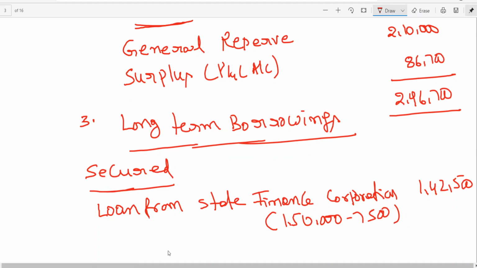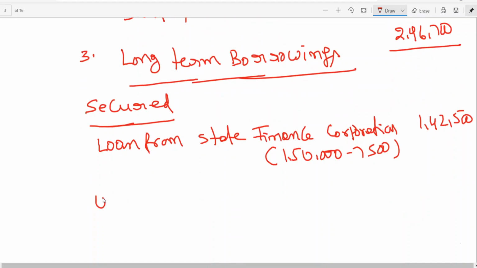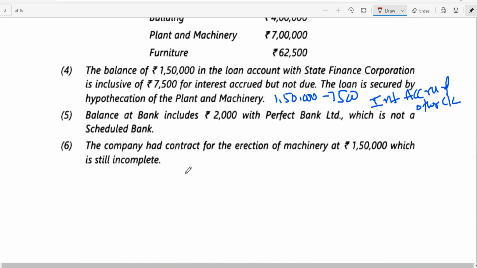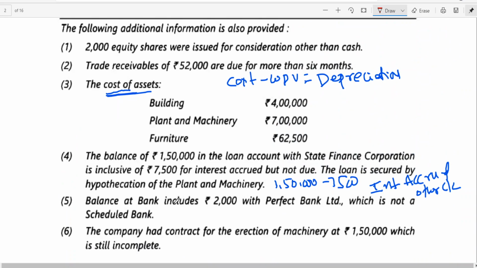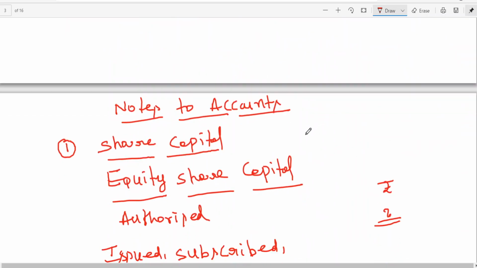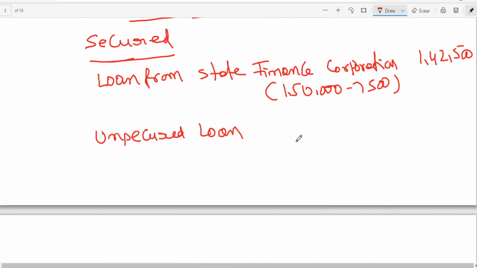Then we are also having unsecured loan. Unsecured loan, you have seen that unsecured loan here. 1,21,000. Okay.